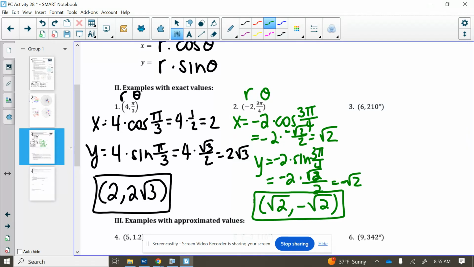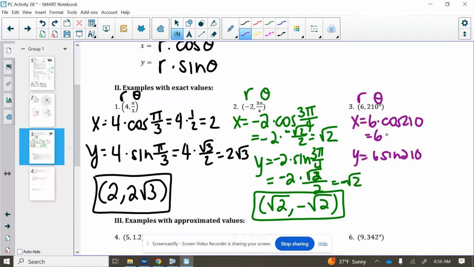Last but not least, we have an example dealing with some degrees. So again, we have an r and we have a theta. So x is going to be r times the cosine of theta. And then y is going to be involving the sine of 210, our theta value.